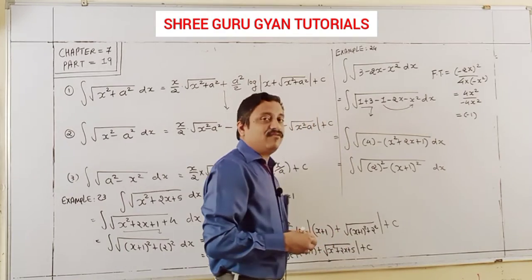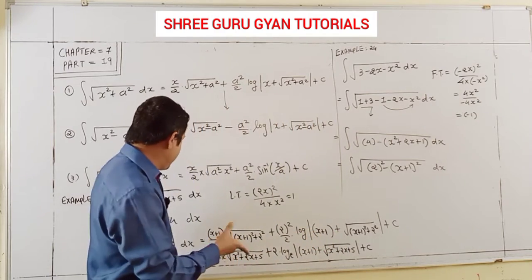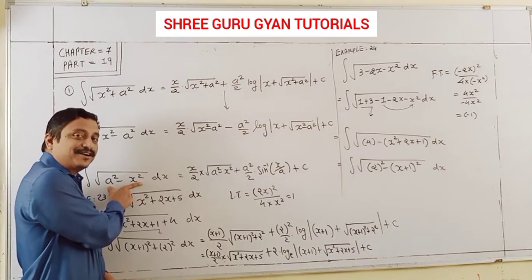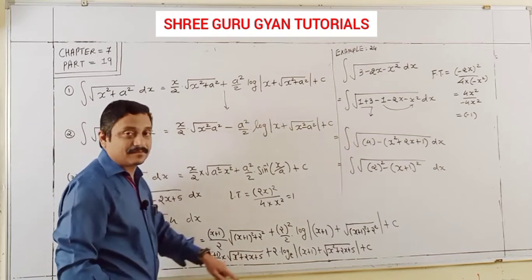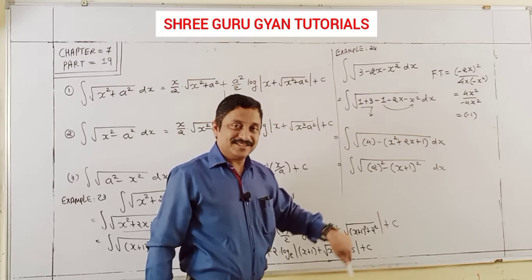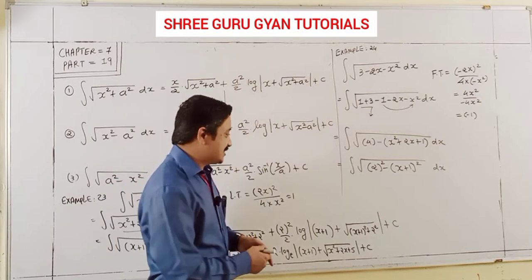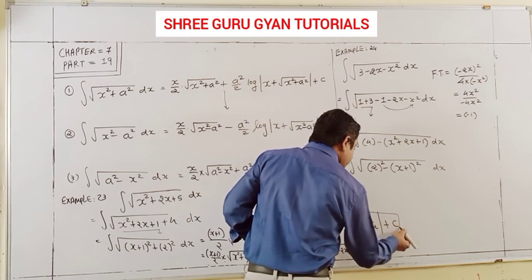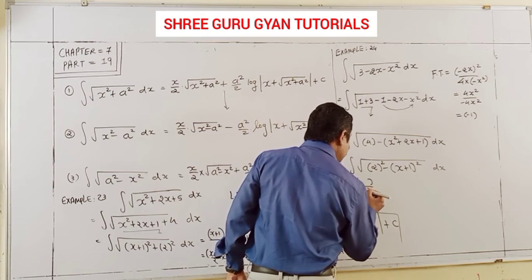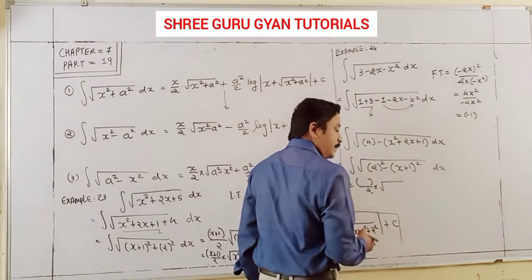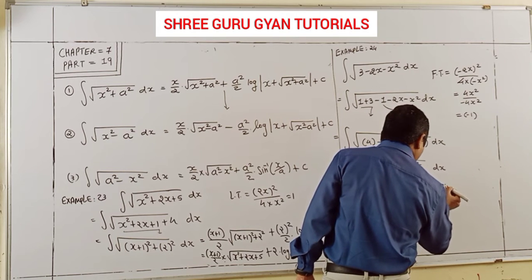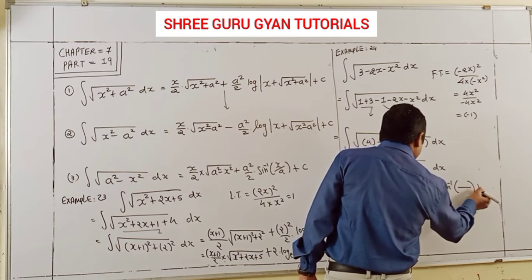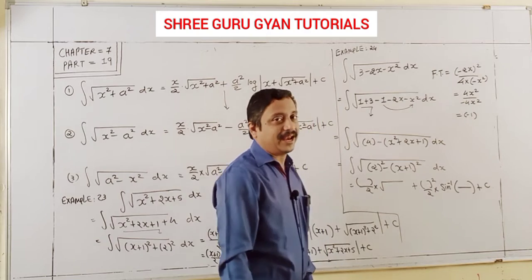Whenever you define the first term, your formula must operate on the third, sine inverse related. Constant minus variable, constant minus variable. So my formula is applicable, very simple. x by 2 under root, plus a square by 2 sine inverse, and plus c.